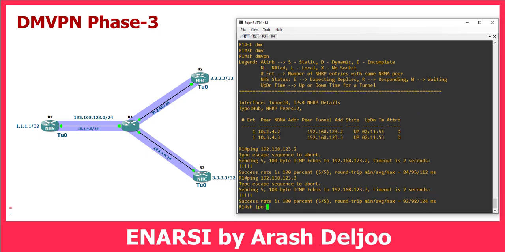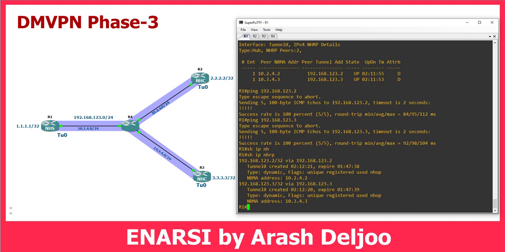Also show ip nhrp shows that we have learned about 192.168.123.2/32 with the NBMA address of 10.2.4.2 and also 192.168.123.3 with the NBMA address of 10.3.4.3.